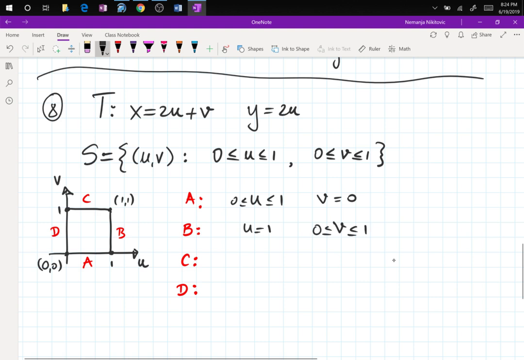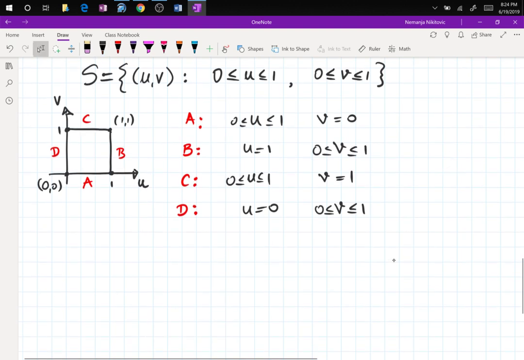C, our U is stuck between 0 and 1, our V is always 1, and finally D, our U is always 0, and V is stuck between 0 and 1.